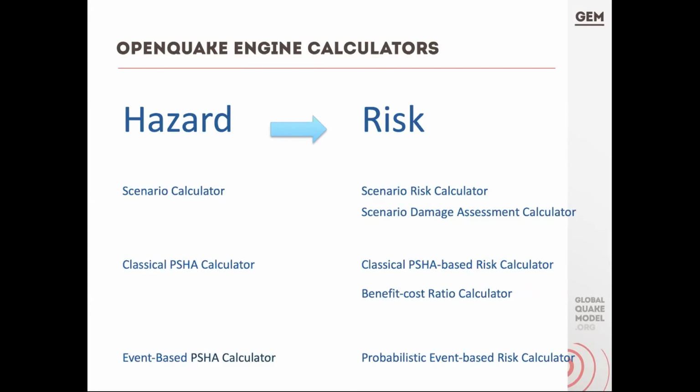Then if we are talking about probabilistic risk calculators, we have the classical PSHA-based risk calculator, and the benefit-cost ratio calculator. Then I will go a little bit slower through all of them, what is needed, what are the results, so we can have an idea what I want to compute and which calculator I should use. And finally, we have the probabilistic event-based risk calculator, which is the one we are going to run.